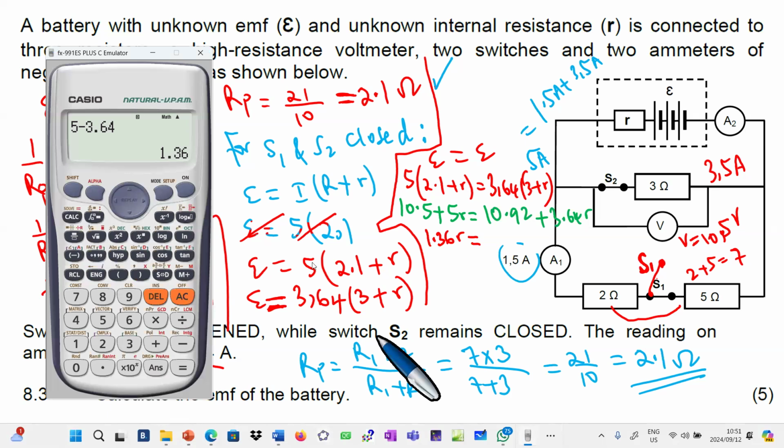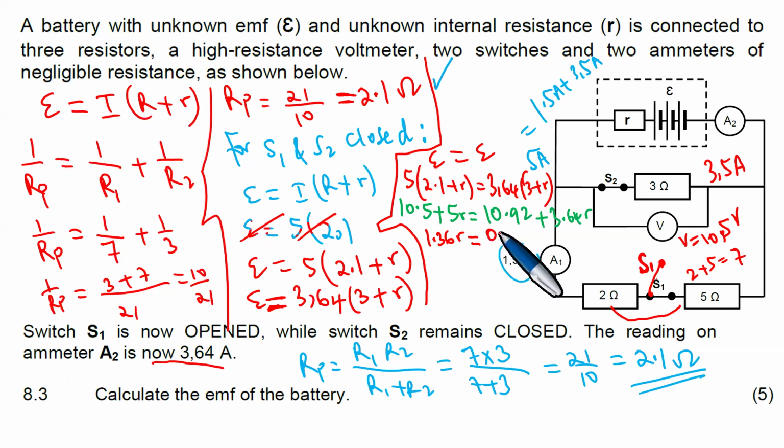Okay, so that's what we're going to do. 10.92 minus 10.5 is 0.42.